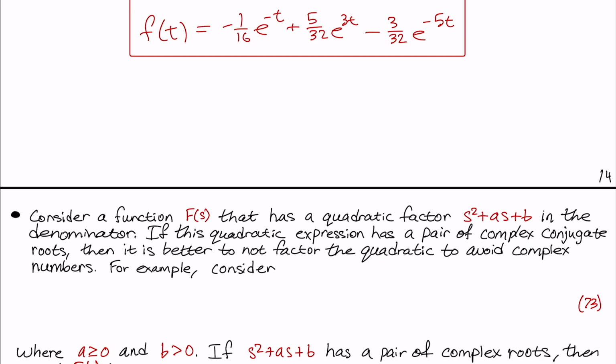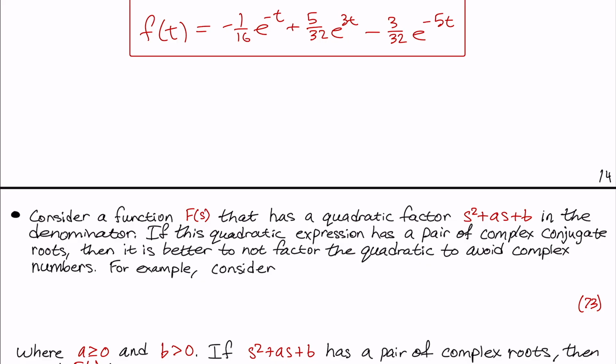All right, we're going to consider now a function F(s) that has a quadratic factor, some s² + as + b, in the denominator. If this quadratic has a pair of complex conjugate roots, then it's going to be easier to not factor them, because then you get to avoid using complex numbers.